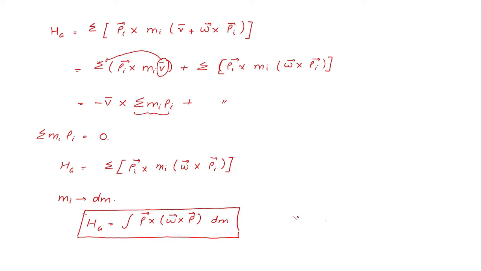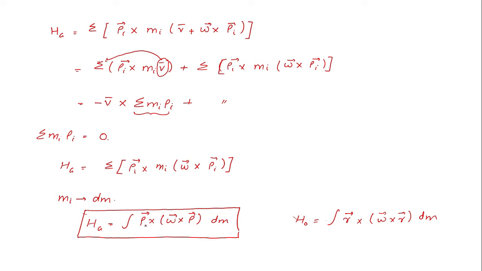Earlier we had seen the angular momentum with respect to the origin of the inertial reference frame, Ho equals integral r vector cross omega vector cross r vector into dm. So it's almost synonymous; instead of r vector, it has become rho vector.